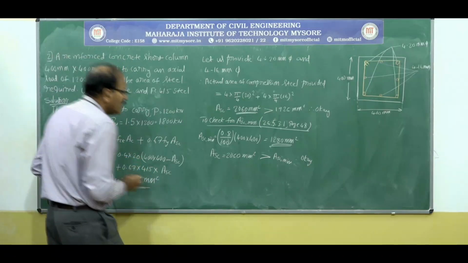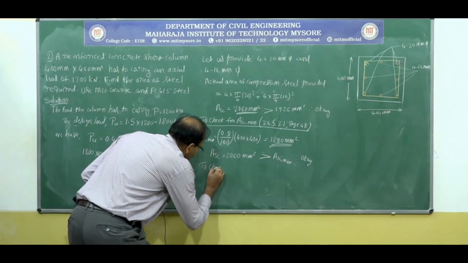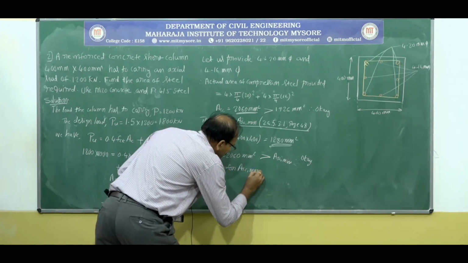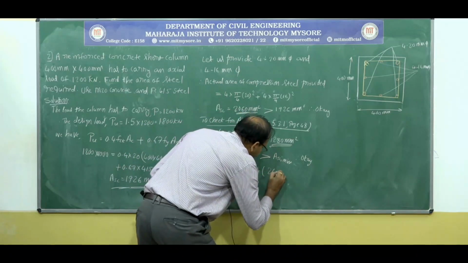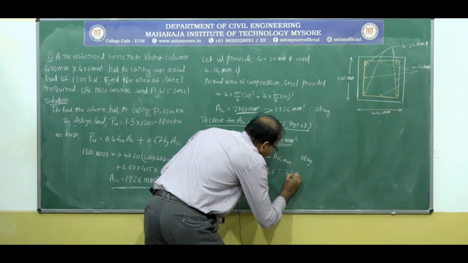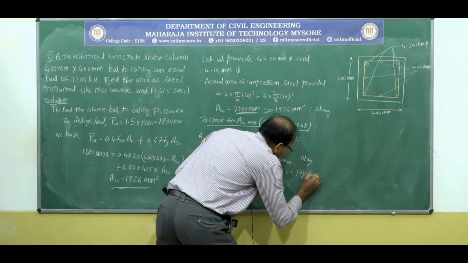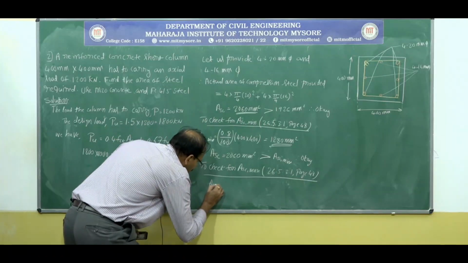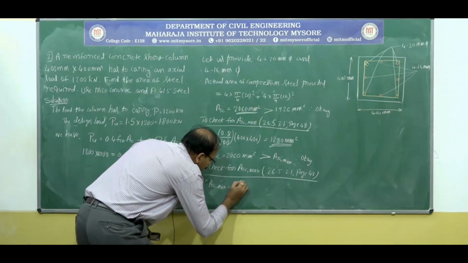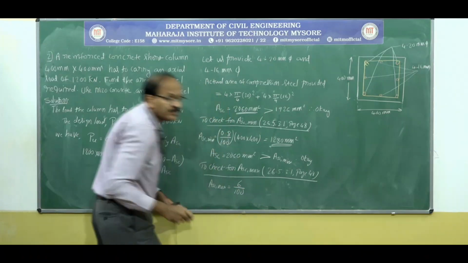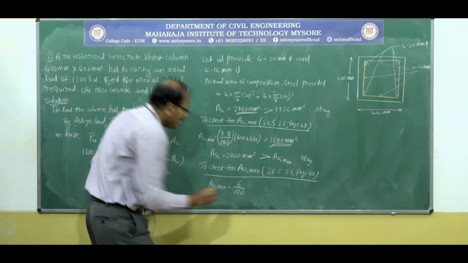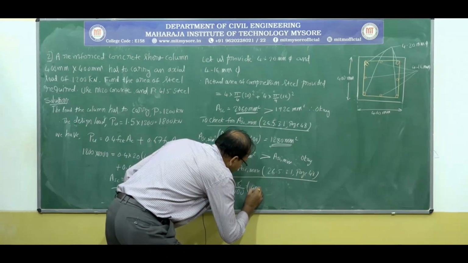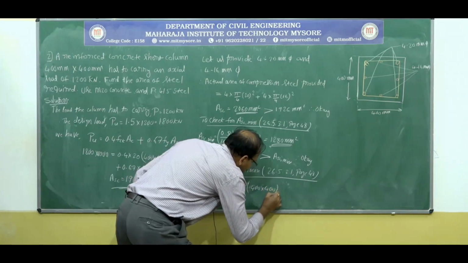Similarly, to check for ASC maximum, again as per 26.5.3.1, page 48, ASC maximum is 6% of the gross area, that is 400 multiplied by 400.